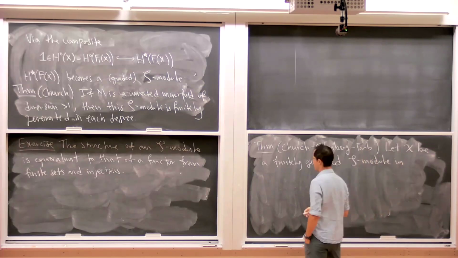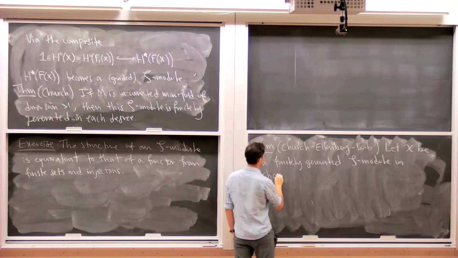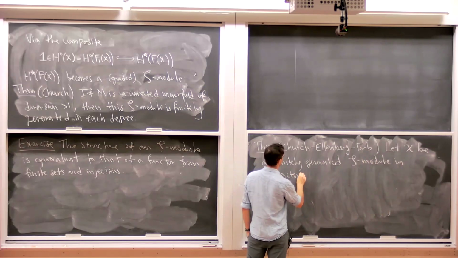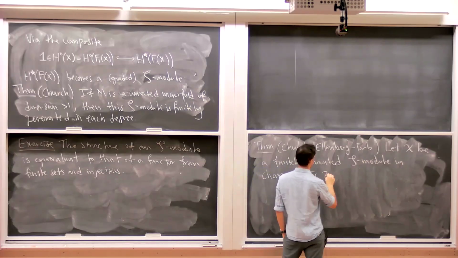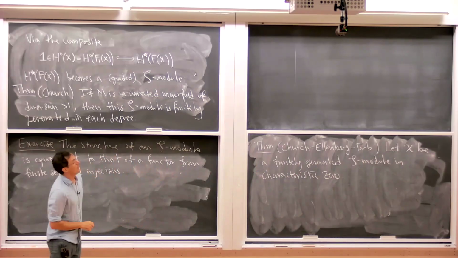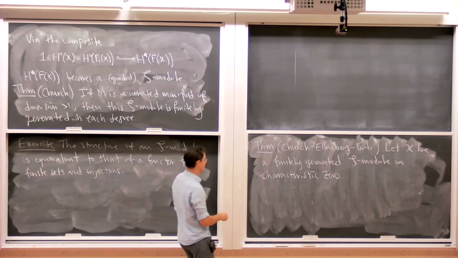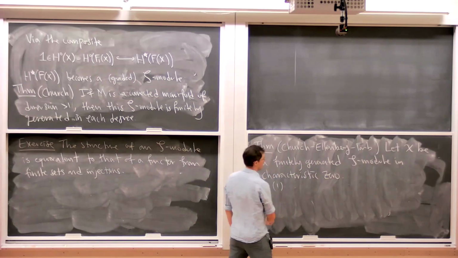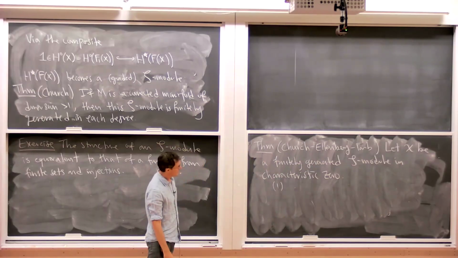And let's say that we are in characteristic 0. There are results outside of characteristic 0, but let's just stick with this for now. Then what we can say are 2 things.